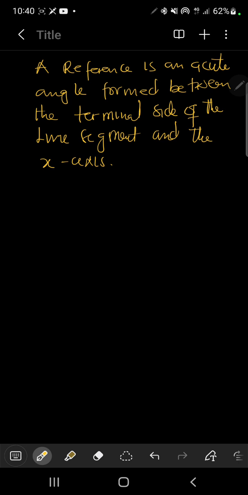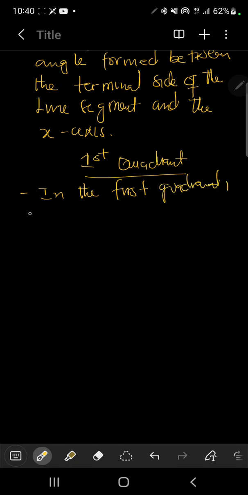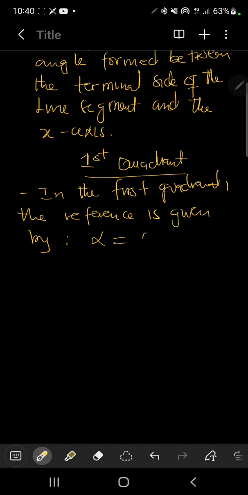So now let us look at how you find the reference angle in the first quadrant. In the first quadrant, the reference angle is given by alpha is equal to what?